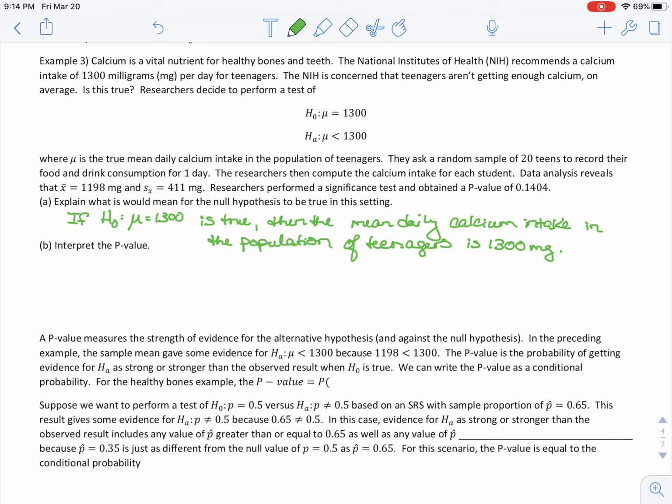So it has nothing to do with the p-value. Just if we know the null hypothesis is true, this is what it means, that the average daily intake of calcium for the population of teenagers actually is 1,300.